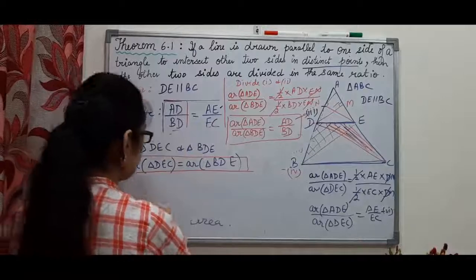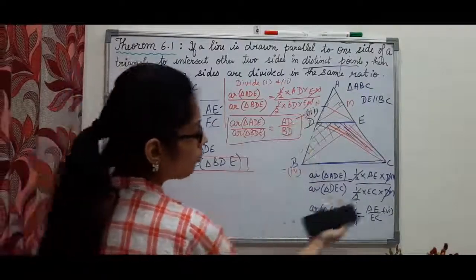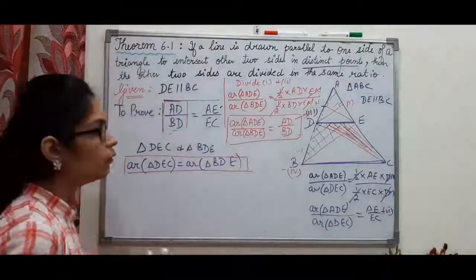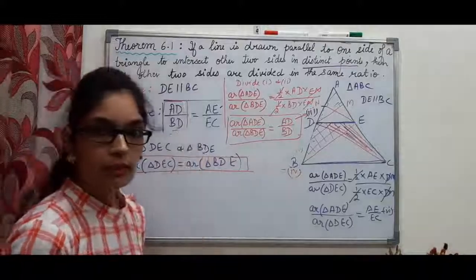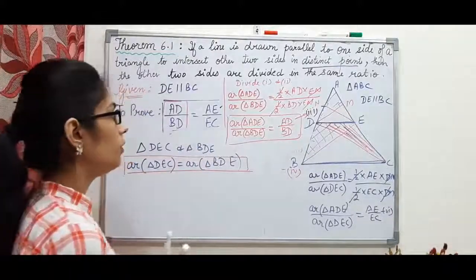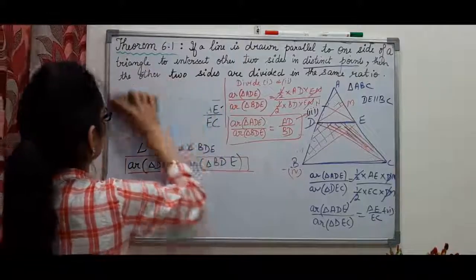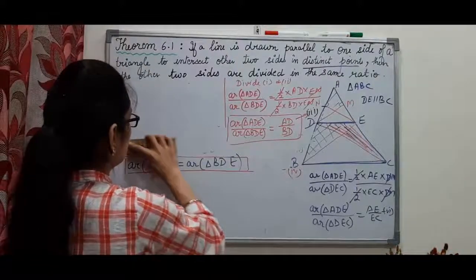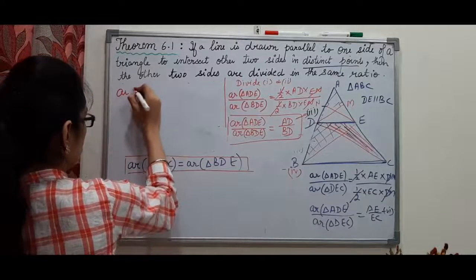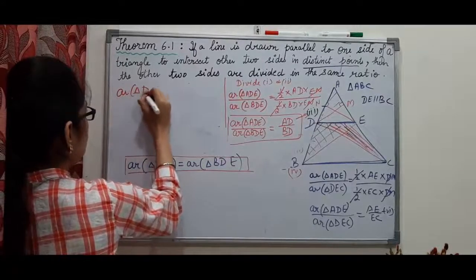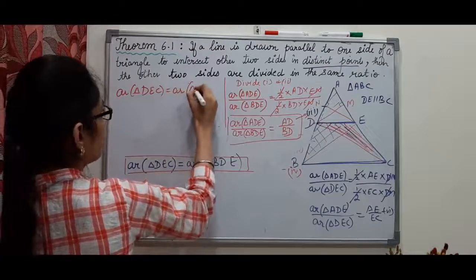Now we will do division again. We'll divide point number 3 with point number 6. So again you have to write all left hand side things on the left side and right hand side things on the right side. This thing I will just write it down over here, that area of triangle DEC is equals to area of triangle BDE.